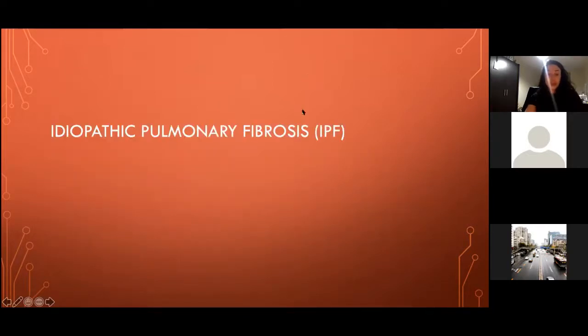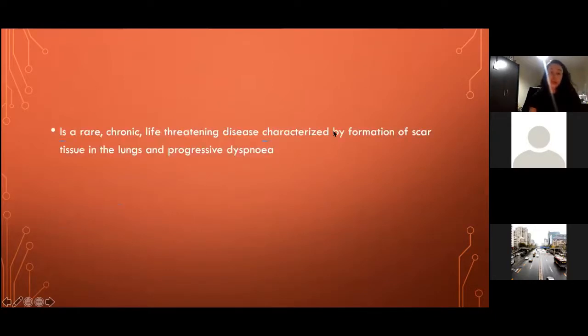Okay, and then now on to idiopathic pulmonary fibrosis. So a bit about the condition. So it's a rare chronic life-threatening disease characterized by the formation of scar tissue in the lungs, as well as progressive shortness of breath.